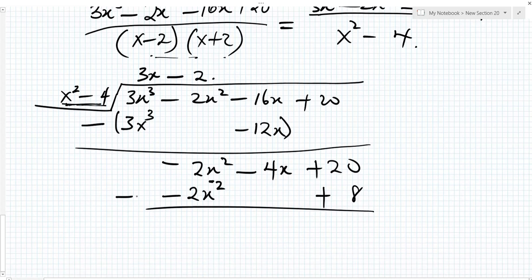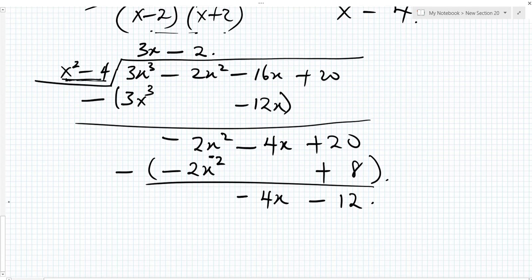Now if I subtract the whole of this from this expression, this will cancel out. Now you will have minus 4x, then plus 20 minus 8 will give you minus 12.